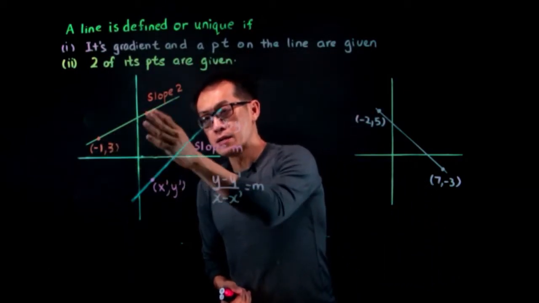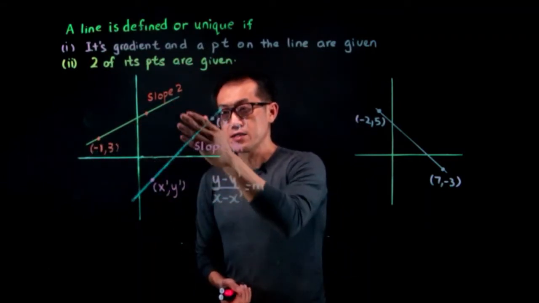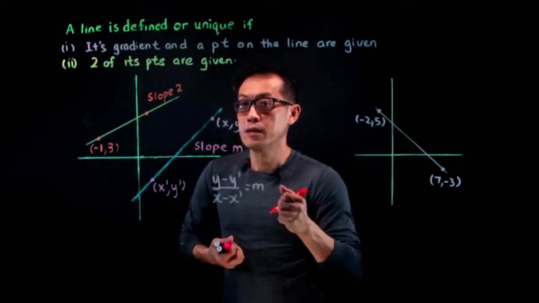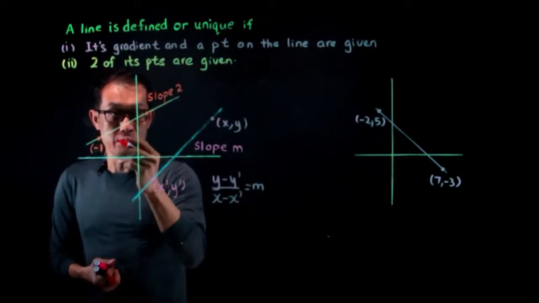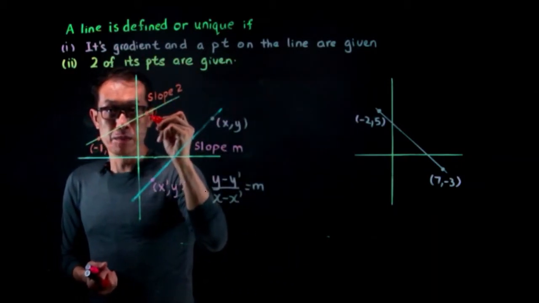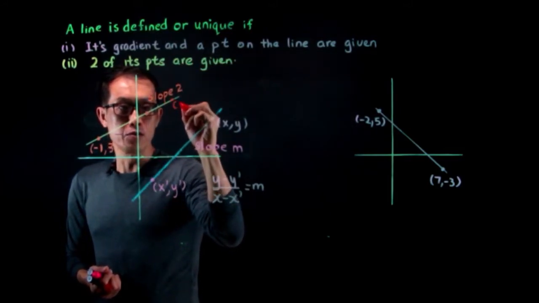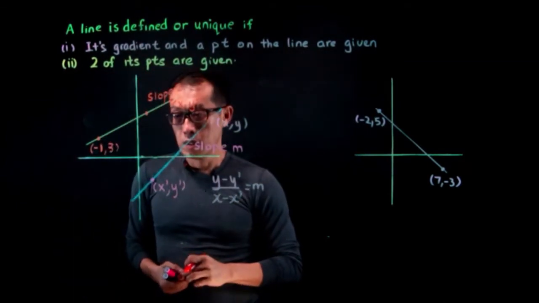Now, let's say this is the slope and this is the given point. Let's find the equation of this line. So you can use this formula. Now, let's say there's an x, y point here. You don't really need to write this x, y point.